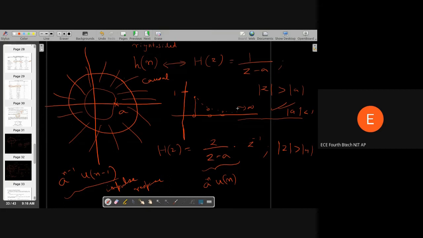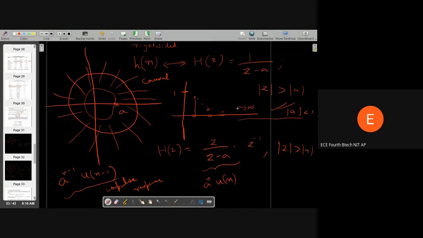So real poles, if you have real poles in the transfer function, this is the basic rule. If a is less than 1, the system response is exponentially decaying with time, or it is increasing with time if a is greater than 1, which is unstable. So that's the basic rule.